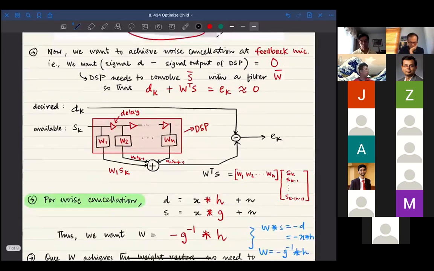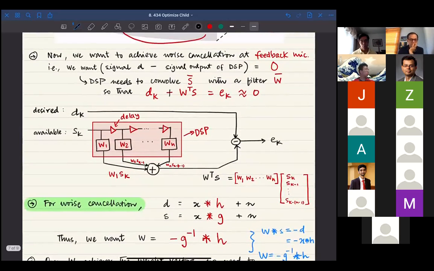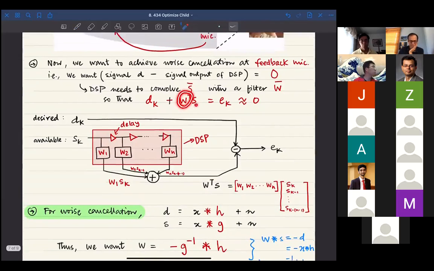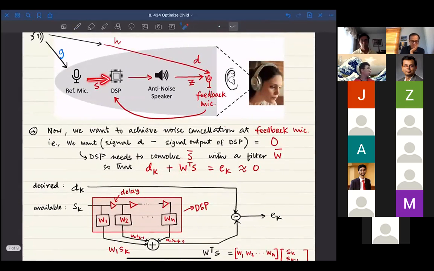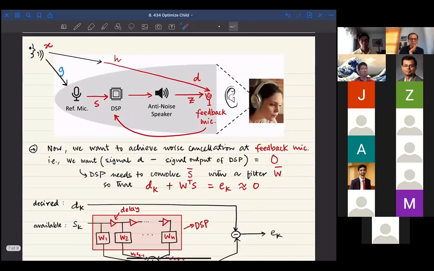Because I think if dk is positive and then you have a minus and w transpose s is negative, that would give you... No, then w transpose s has to be positive. Basically, the control that you have is on w transpose. s is what is coming in. dk is also what is coming in directly from the source to the feedback microphone.